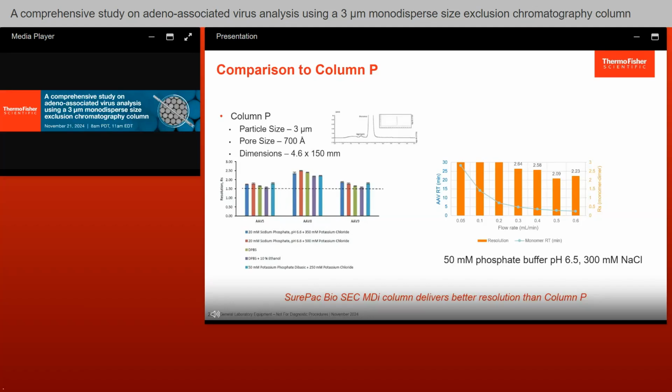If we look at the SurePack data with a 4.5-ish minute retention time, at either 0.4 mL per minute or 0.3 mL per minute, we have a resolution around 2.6. This is definitely better than column P, where the resolution is all smaller than 2.5. So the SurePack column definitely delivers better resolution than column P as well.